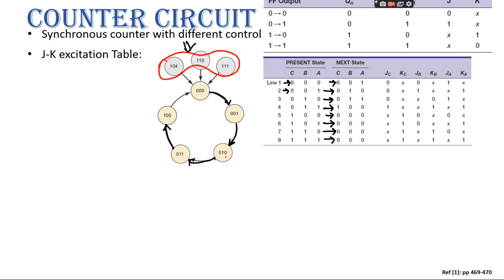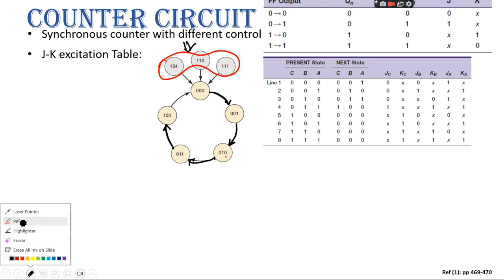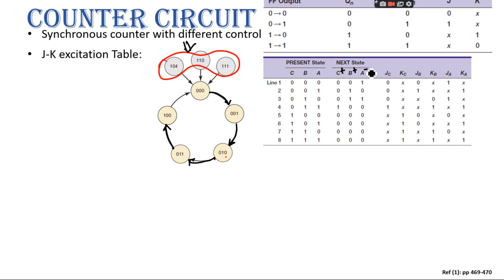Now, as we did previously, what do we need to do? We need to compare the present state with the next state. If we compare C with C bar, it is 0 to 0.